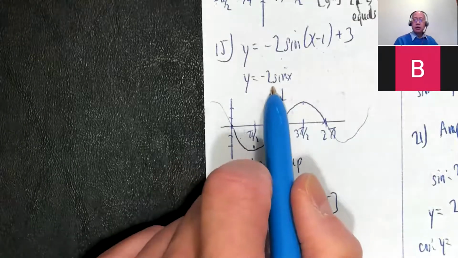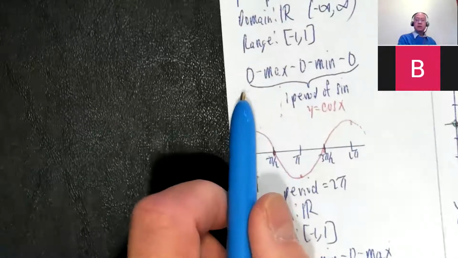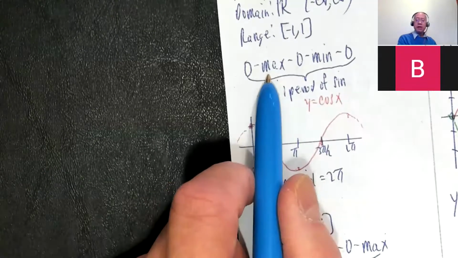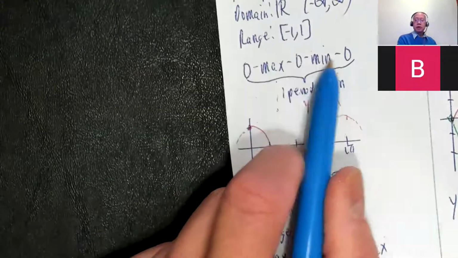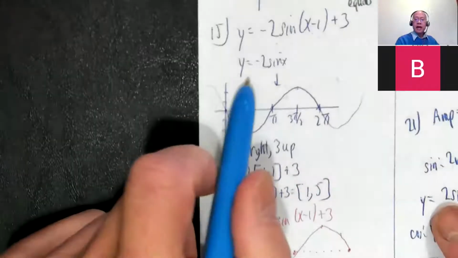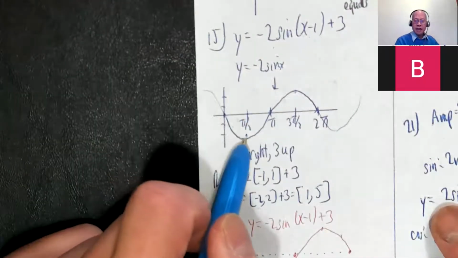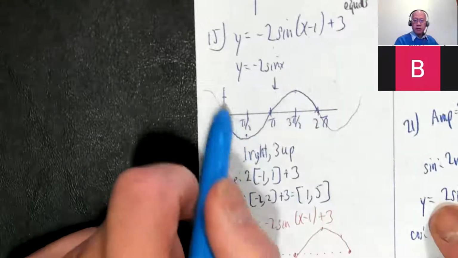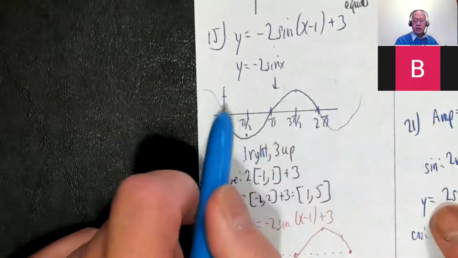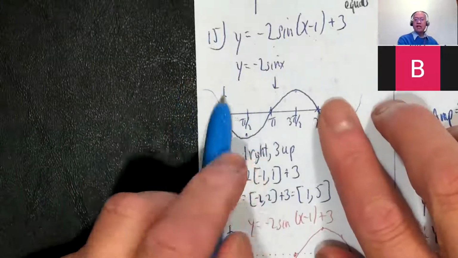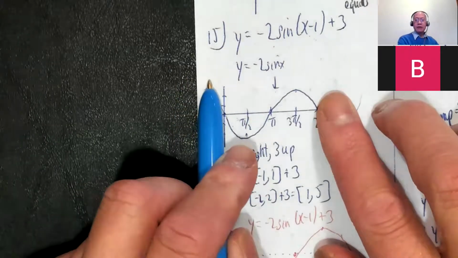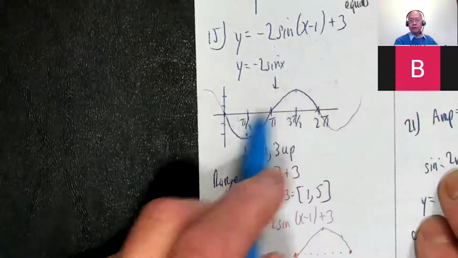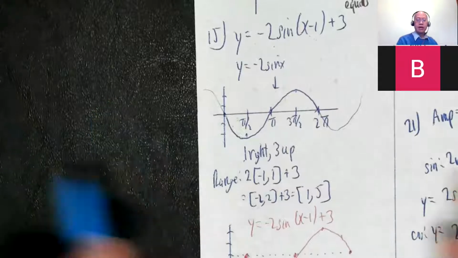Amplitude is 2, but because of the negative, it's going to go 0, minimum, 0, maximum, 0. So negative 2 sine x goes down, 0, up, 0. And of course, I've lightly shown, you just copy and paste the rest of it. That's not really the end of the graph. Copy that, paste it, it'll keep going like that forever, and keep going like that forever to the left also.